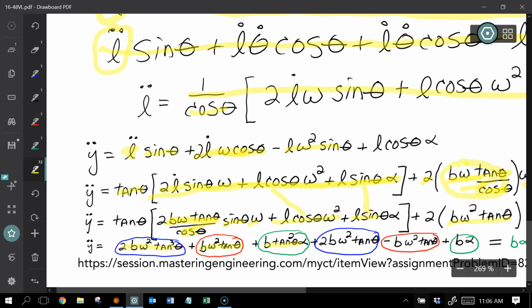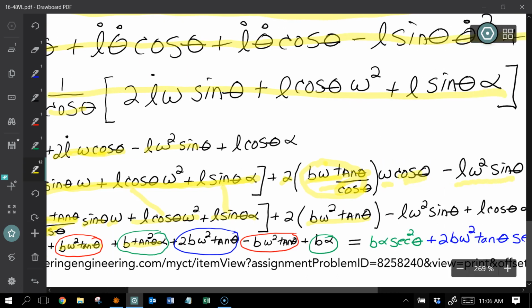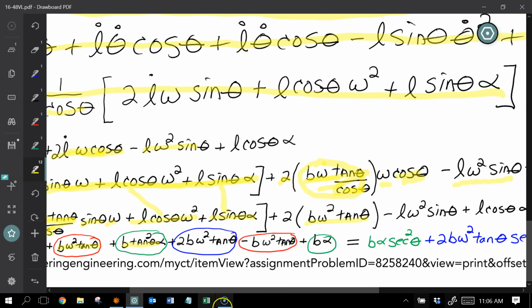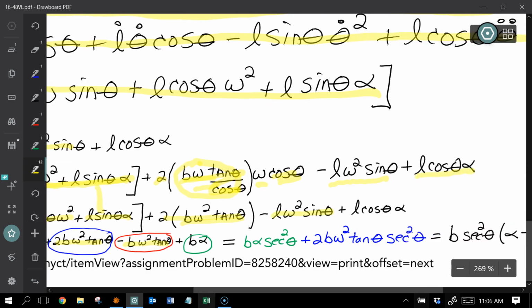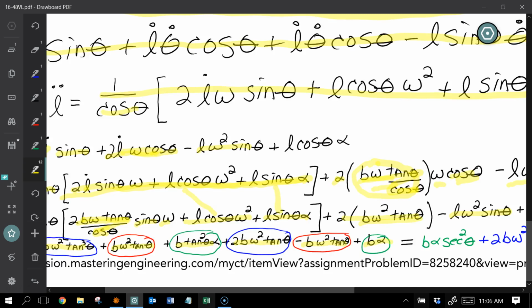This one is here. And then you have this term and this term matching. This one is here, and this one is right here. So all I did was replace the L with B over cosine.